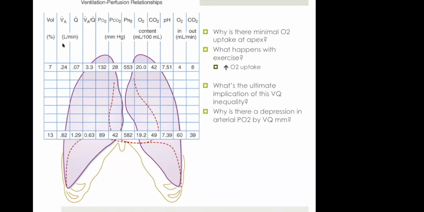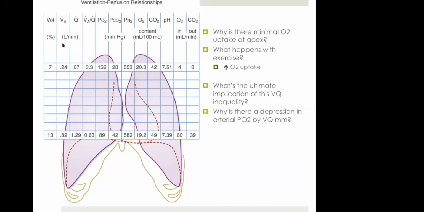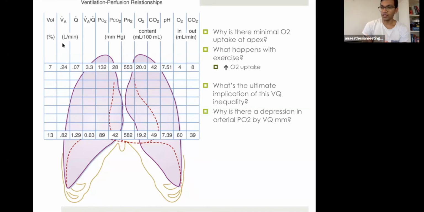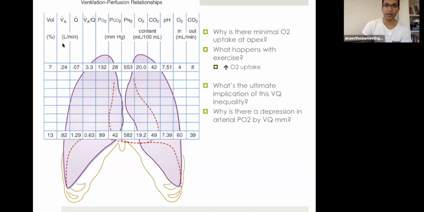Pretty much it's just gravity, hydrostatic pressure; there's more perfusion at the base than the apex. So even though the ventilation and PO2 are really high at the top, there just isn't that much blood flow to get the maximal amount of oxygen.